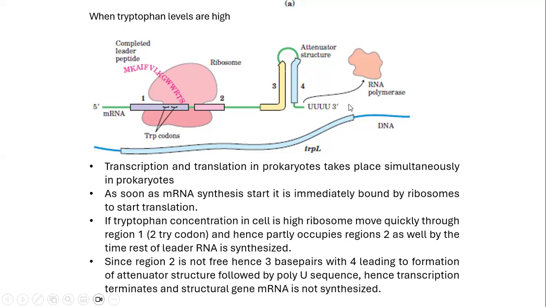Hence, the transcript dissociates from the DNA at this point, and the transcription does not continue into the downstream structural genes.